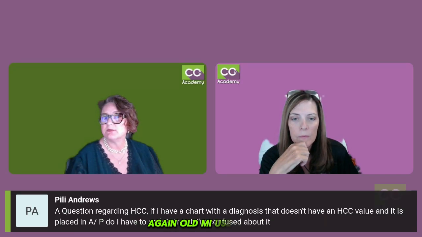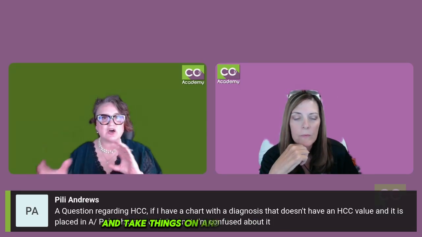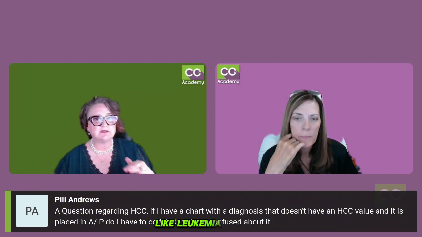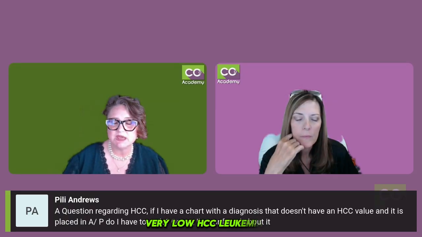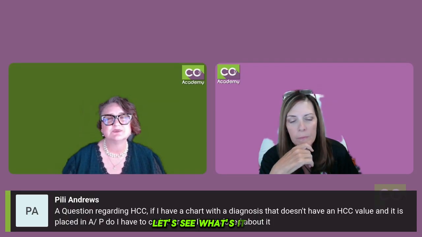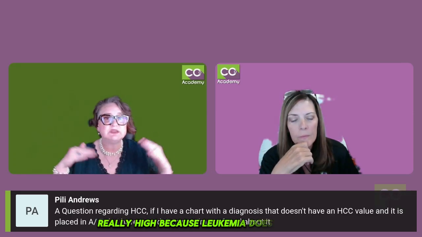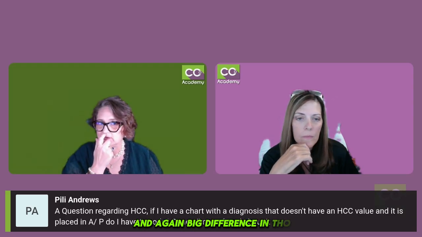Again, old MI used to count, and now it doesn't. So they tweak and take things on and off at different times. The other thing is, like leukemia, unspecified, very low HCC. Leukemia with, let's see, what's it called, B cell something, really high, because leukemia doesn't go away. Big difference in those.